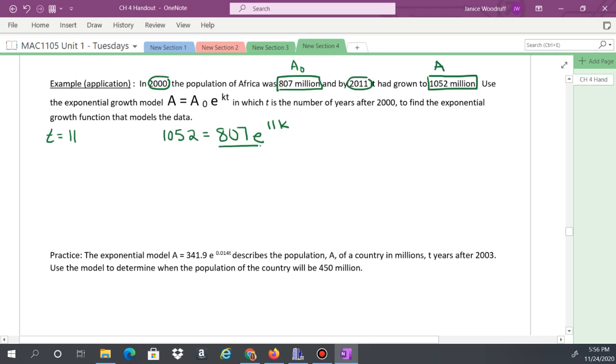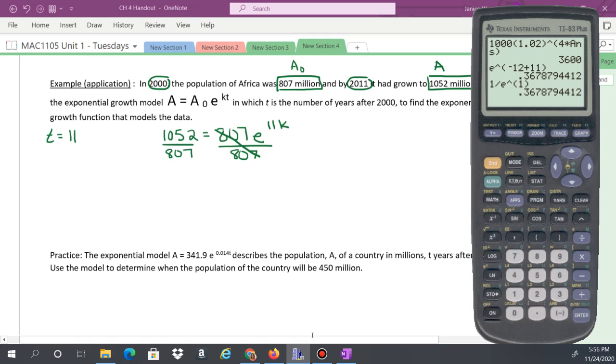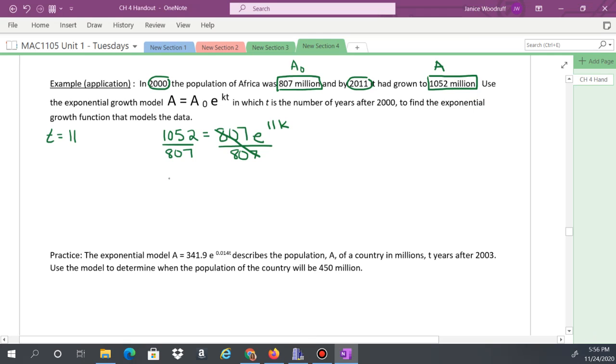Divide both sides by 807. These will cancel. 1052 divided by 807, let's do 3 decimal places, we get 1.304 equals e to the 11K.